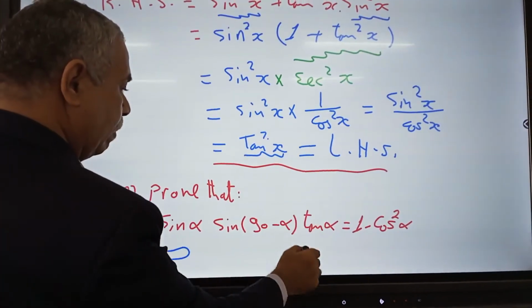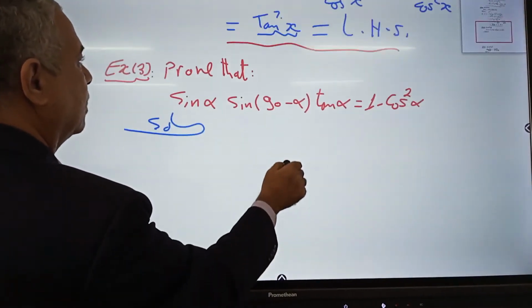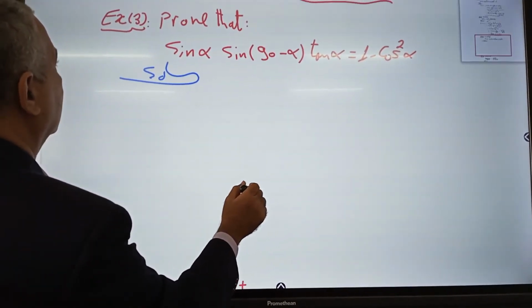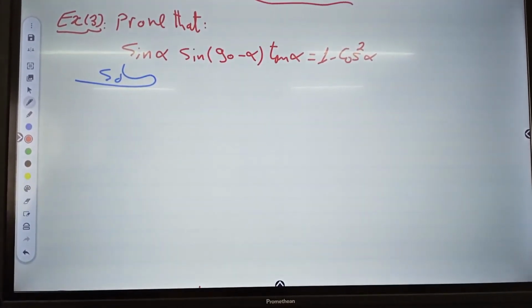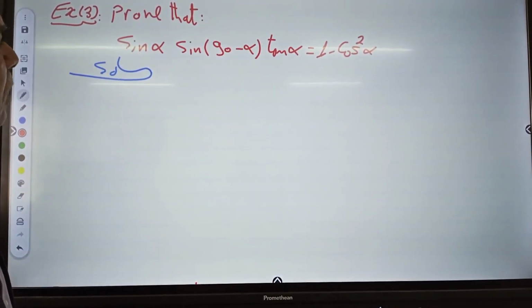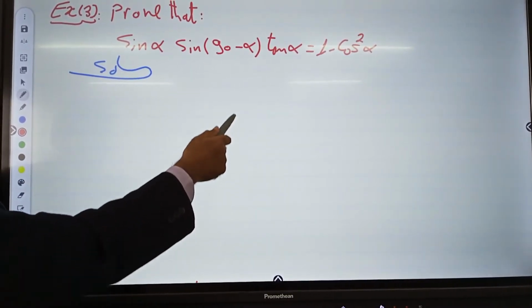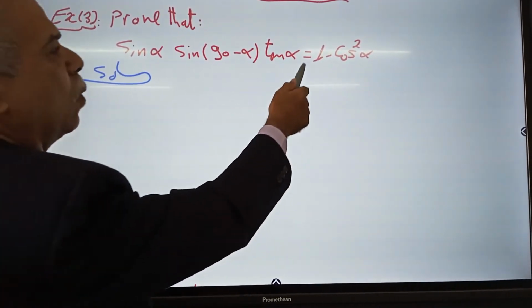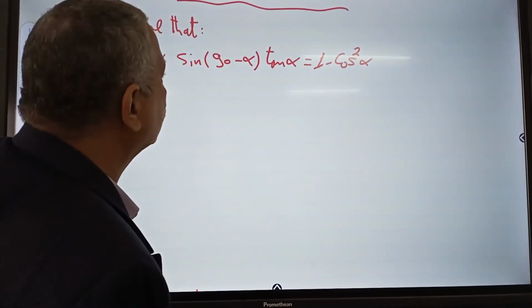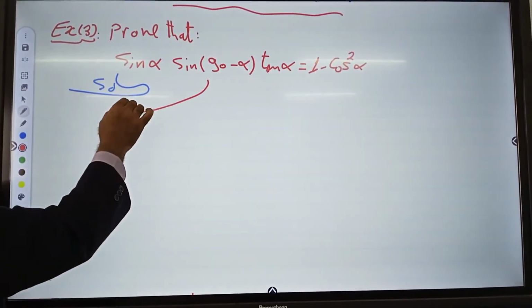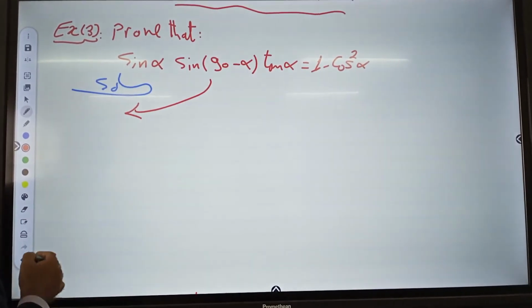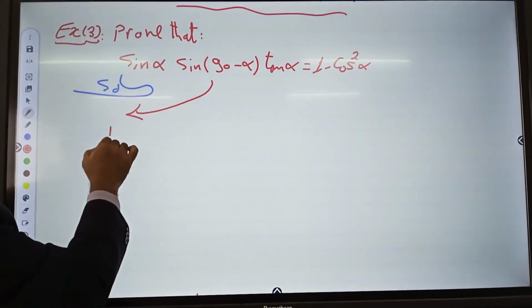Next one. Prove that sin α times sin(90 − α) times tan α equals 1 minus cos²α. In this case, we will find the value of the left hand side.